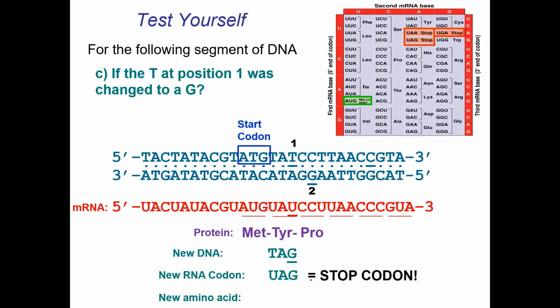So there's no new amino acid. We're going from tyrosine to a stop codon. So this also has a name. This is called a nonsense mutation. So again, 1/2 mark for saying that we have a stop codon and that translation would stop there, and 1/2 mark for giving me the proper terminology, which is a nonsense mutation.